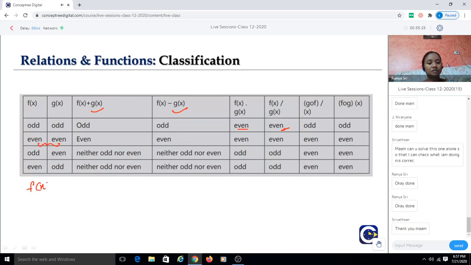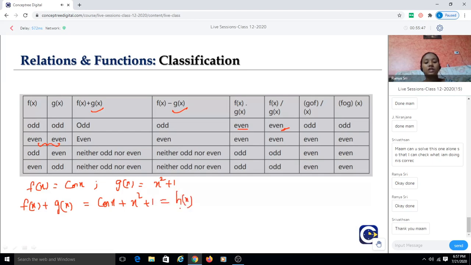Let's take function f of x equal to cos x, g of x is equal to x square plus 1. So I'm just adding these two functions, f of x plus g of x, which is equal to cos x plus x square plus 1. So this is my new function h of x.